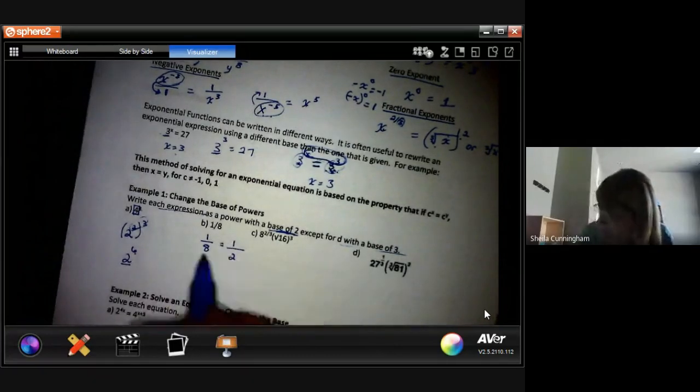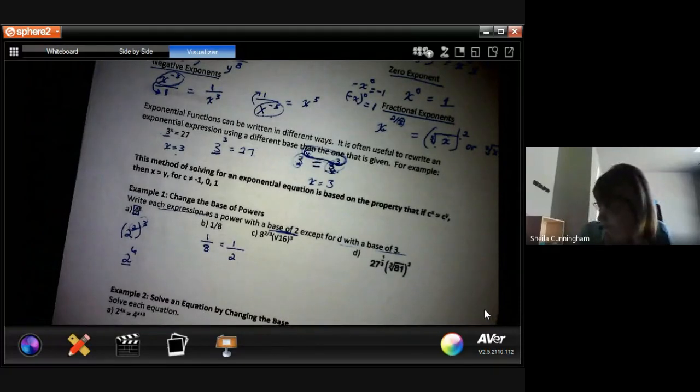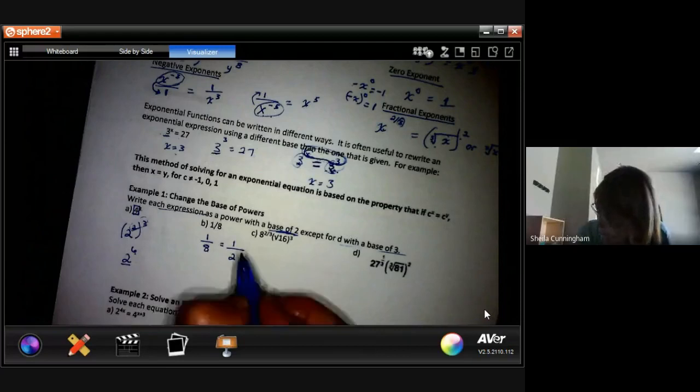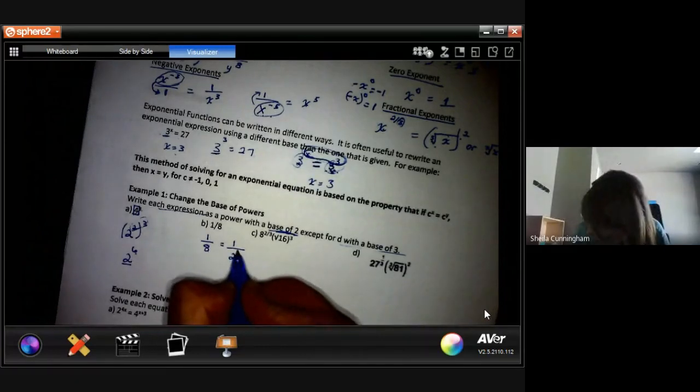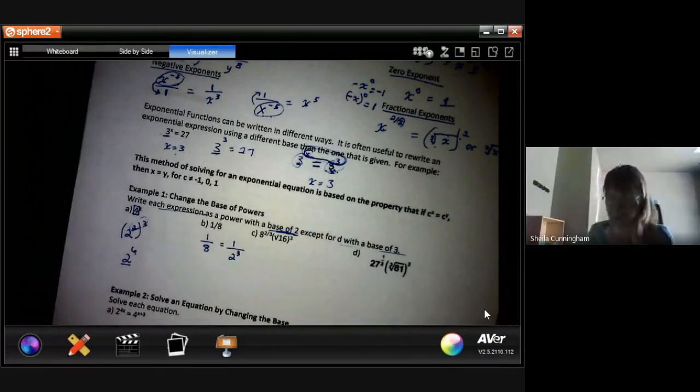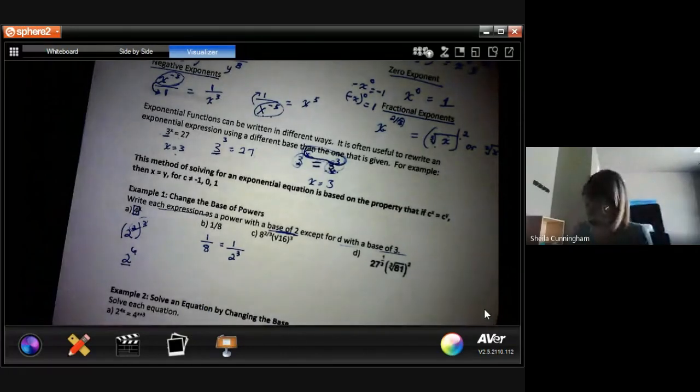Well, 2 to what power is going to give me 8? I'm hoping you're thinking 3, because 2 times 2 is 4, times another 2 will give me 8. So 2 to the power of 3 will give me 8.